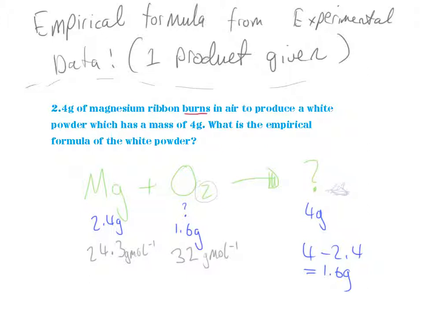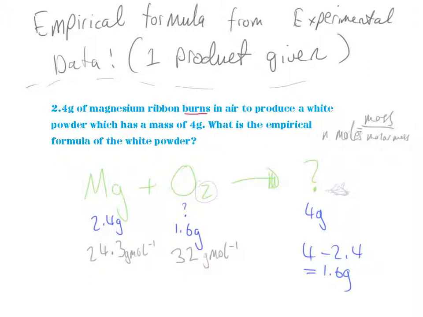Okay, so now we have the mass, and we have the molar mass. So we can use the simple equation: number of moles equals mass over molar mass. So now what we can do is find out the number of moles of each of these two.